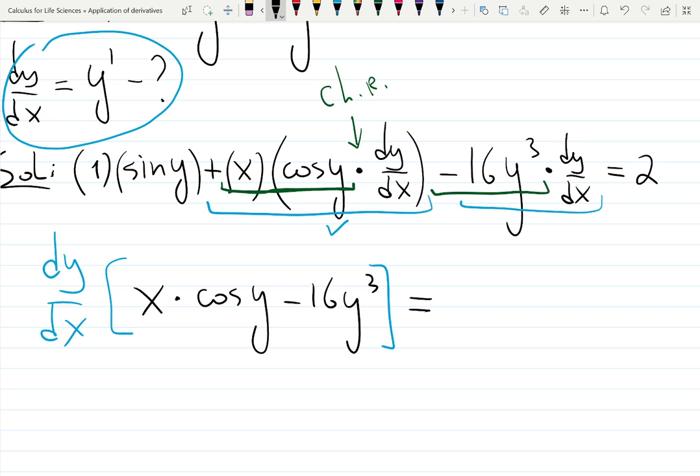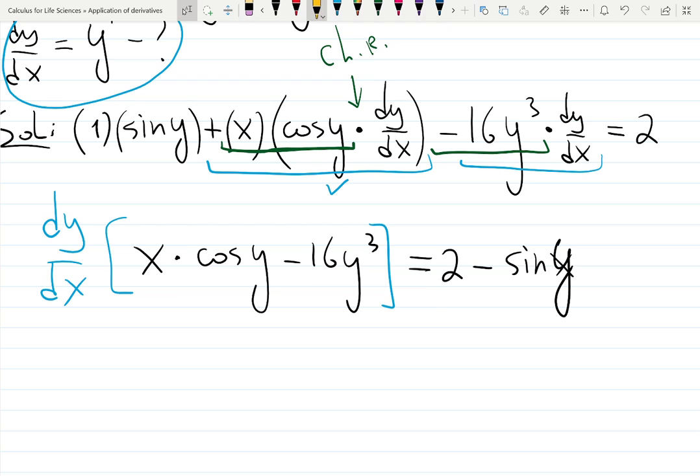Equals, everything else is garbage, move it to the right hand side. It doesn't have dy over dx, you don't need it. 2 is already on the right hand side, minus sine. It was on the left hand side, moved to the right hand side, sine y. So this got moved to the right. The answer follows right away after this.